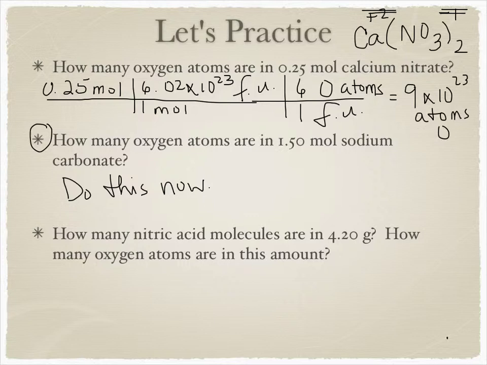So now we want to find the number of nitric acid molecules in 4.20 grams of nitric acid, and then how many oxygen atoms that would be. All right, so this is a two-step problem. The first part, we start with 4.20 grams of nitric acid. I'm going to have to figure out that formula as well.